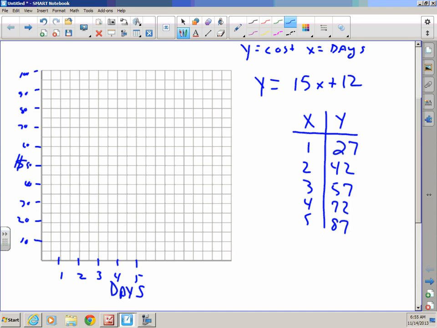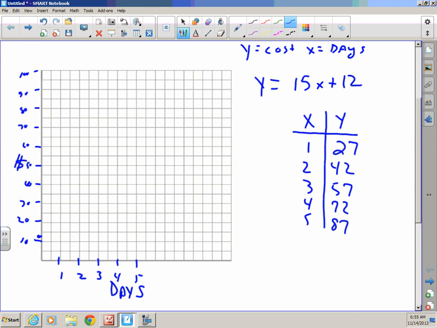First thing is you'll notice that if you stay 0 days, it'll cost you $12. I understand from a practical standpoint you don't stay 0 days and pay $12, but theoretically you could have brought the dog in, gotten the flea bath, and then something could have changed with your plans so that you had to leave and didn't incur the other $15.